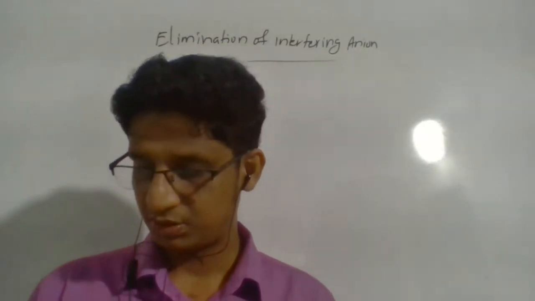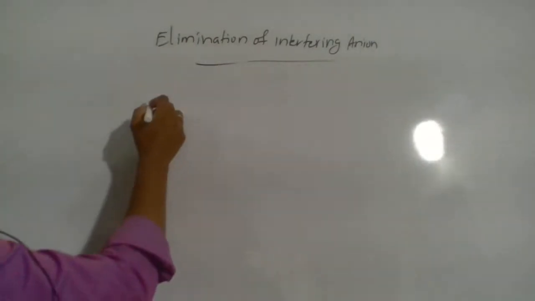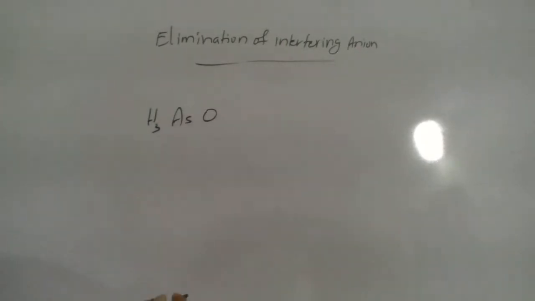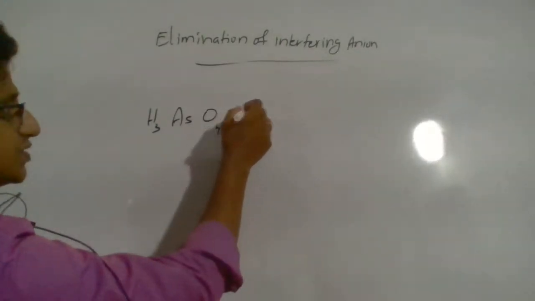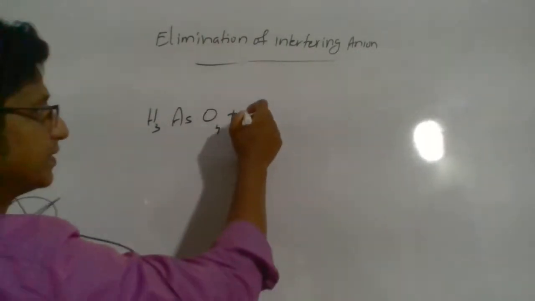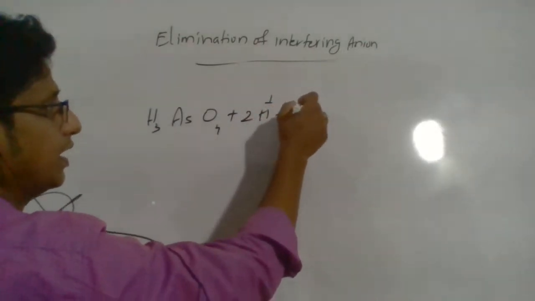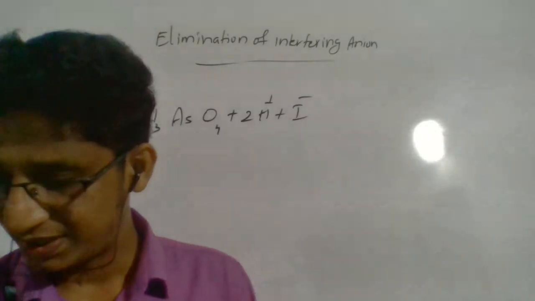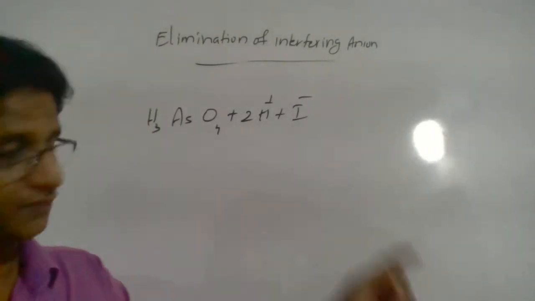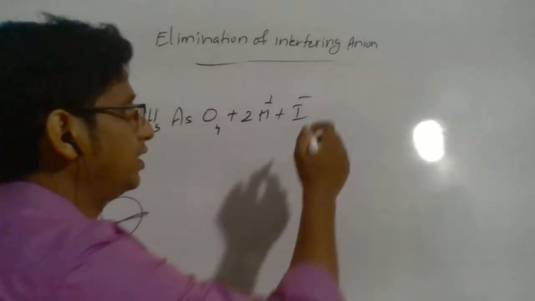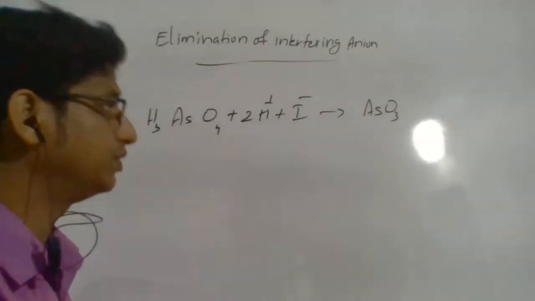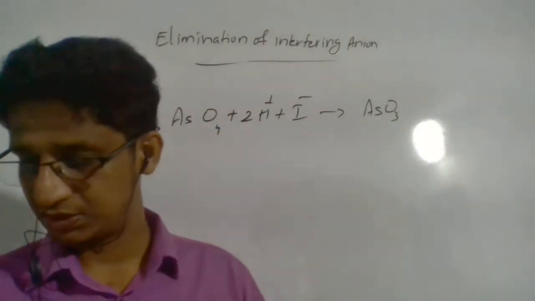So note H3AsO4 in presence of H+ and I-. You can use ammonium iodide as a reagent, which helps the conversion of AsO4 into AsO3. We actually want a conversion from AsO4 to AsO3.